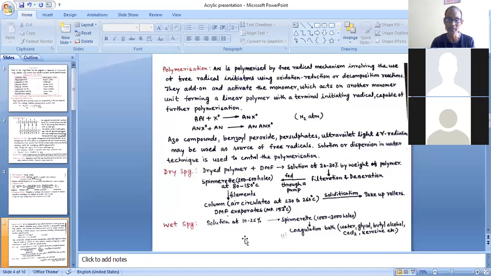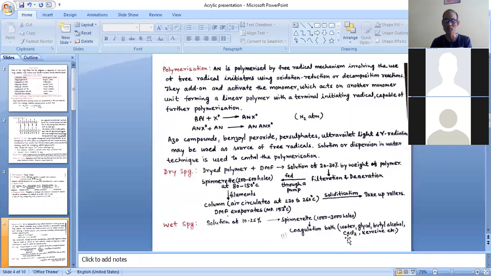And in wet spinning method, solution which is having the concentration of 10 to 25% of polymeric material is pumped through spin rate after filtration and deaeration. This spin rate is having more number of orifices, that is 1000 to 3000. And now this spin rate is impregnated into the coagulation bath, and the coagulation bath is containing water, glycol, butyl alcohol, calcium chloride, and kerosene.